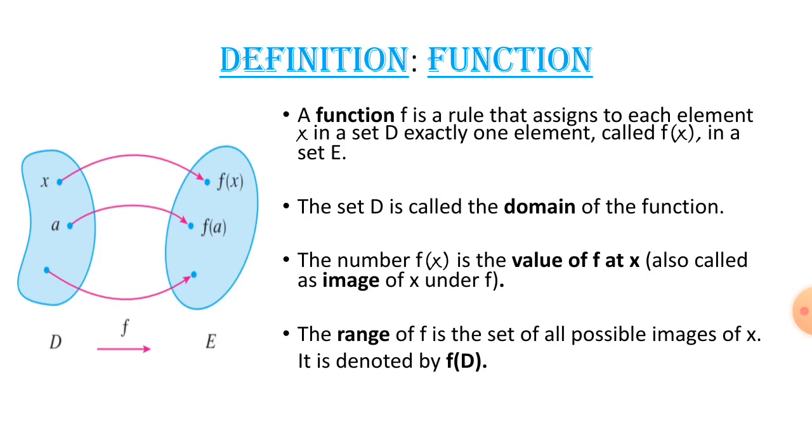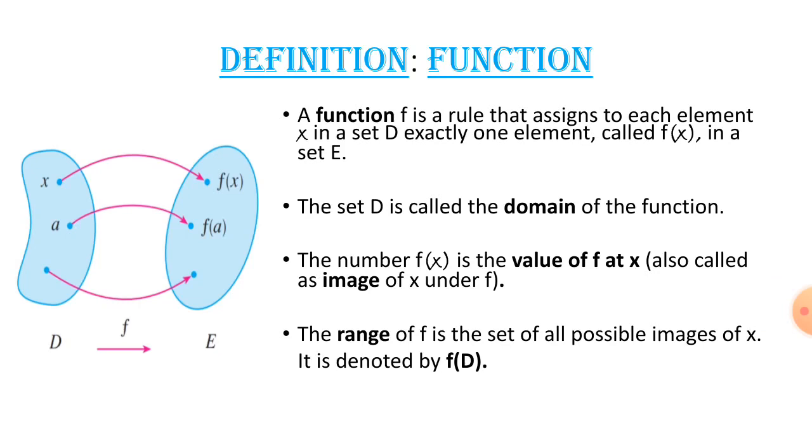That is, the set of all possible inputs to the function is called the domain. The number f of x is the value of f at x, and it is also called the image of x under f. The range of f is the set of all possible images of x, and it is denoted by f of capital D.